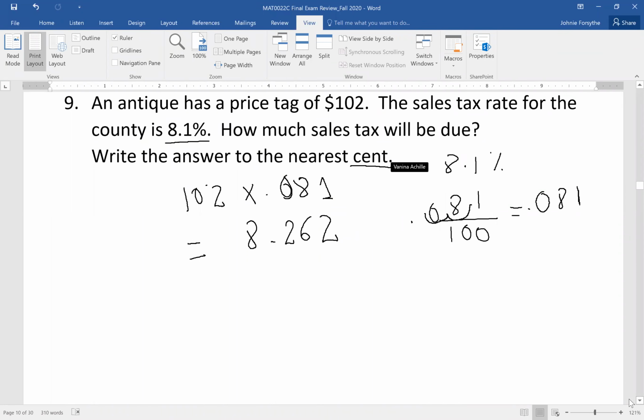Cent is the hundredths place, which means you're rounding to the hundredths. Looking at the number, this is the number that you want to round. The number next to it is less than 5, so your answer would be 8.26. So the sales tax for something that costs $102 is $8.26.